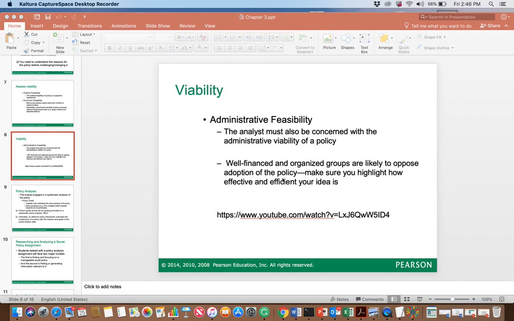The point I'm making is that if one group, for example a conservative group, is opposed to a policy for whatever reason, maybe it's not fiscally good, but if you highlight that it's effective and efficient, it saves money, maybe you'll convince them.